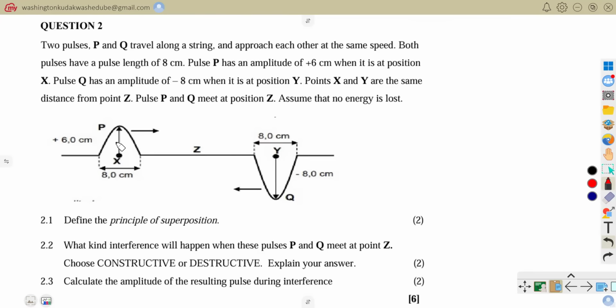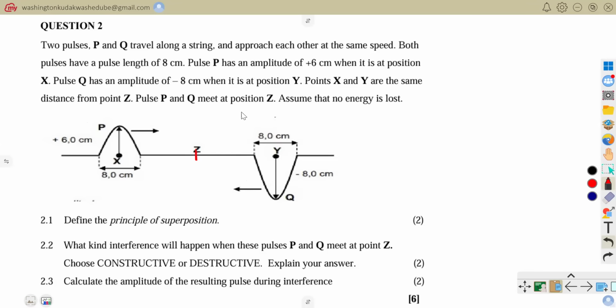But when it comes to their amplitude, pulse P has an amplitude of positive 6 centimeters when it is at position X. Pulse Q has an amplitude of negative 8 centimeters when it is at position Y. Points X and Y are the same distance from point Z.